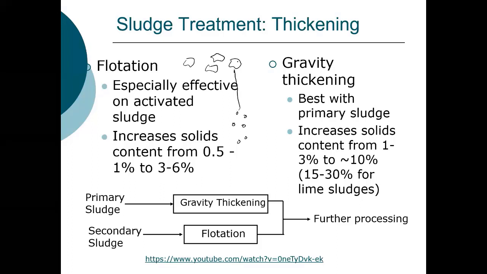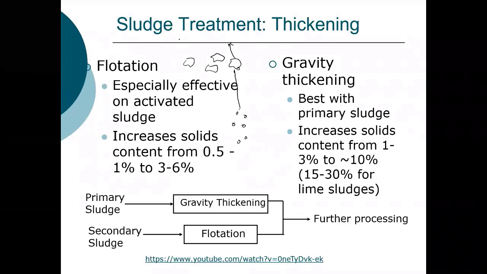Those bubbles rise to the surface, attach to your particles. The particles rise to the surface and then float at the top. So for secondary sludge, flotation is often much more effective than gravity thickening. The East Lansing plant uses flotation to thicken their sludge before disposal.